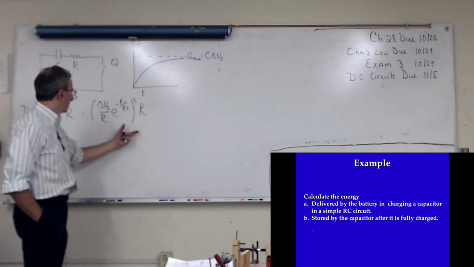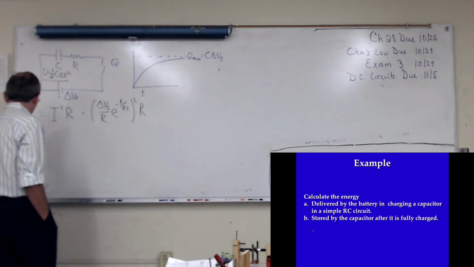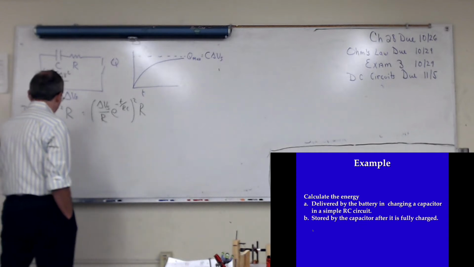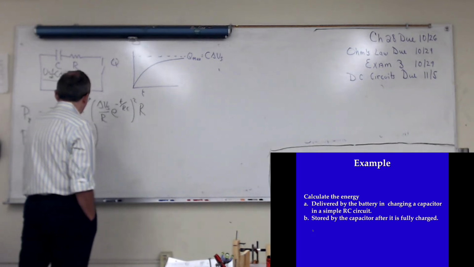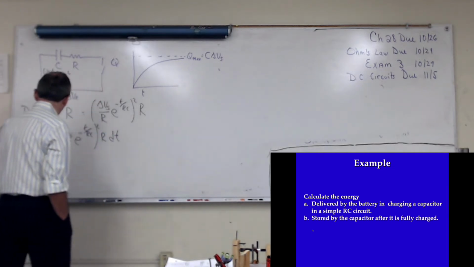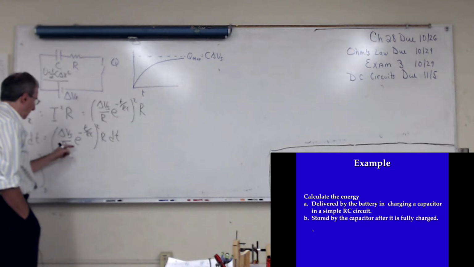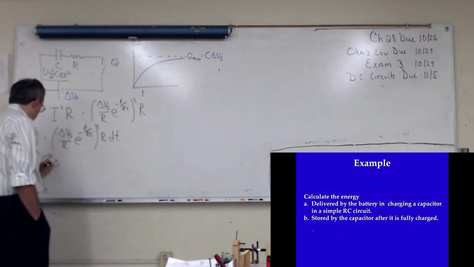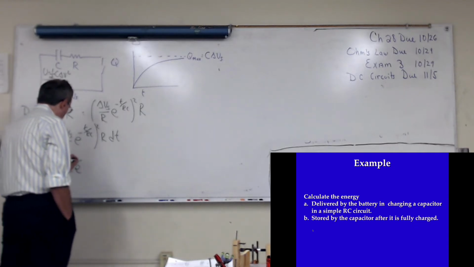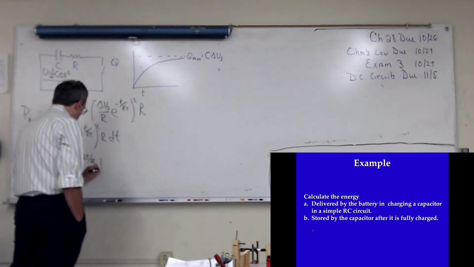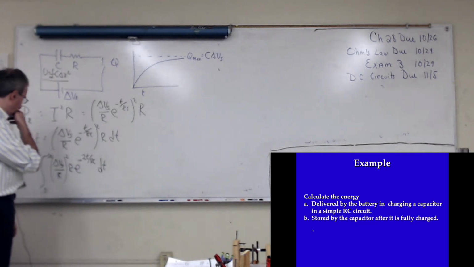I squared times R. P dt then is going to be, and so W is going to be the integral from 0 to infinity of this thing. Because this is squared, I got to put a 2 up in the numerator here. So I just got to integrate this.